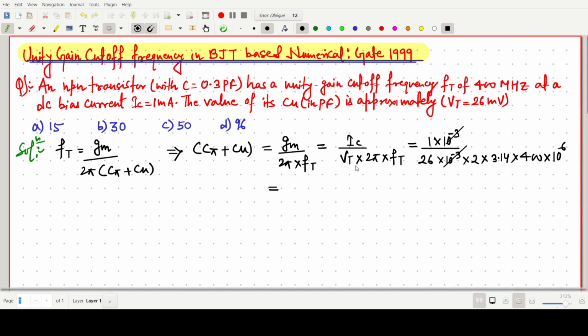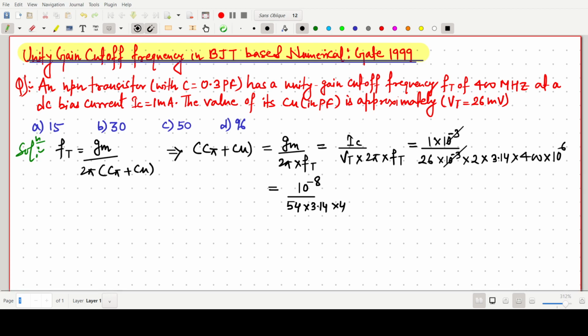So the C pi plus C mu value is 10 to the power minus 8 by 54 into 3.14 into 4, since we have already considered the double zero, so 10 to the power 8.